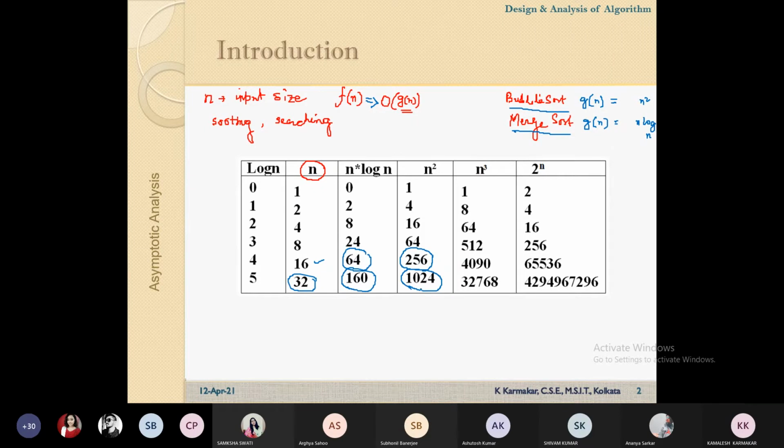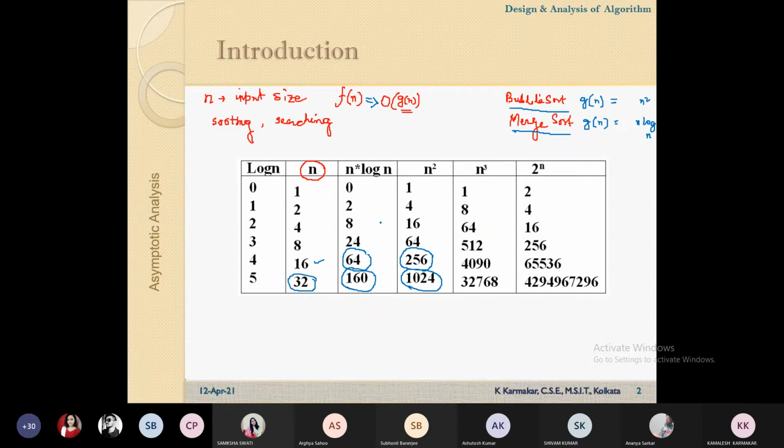So based on the complexity, if we take a large value of n, then time consumption in case of bubble sort will grow rapidly compared to merge sort. That's why, as the time complexity of bubble sort is more, we should not prefer bubble sort if all other things are not a constraint of our system. So this is the scenario.